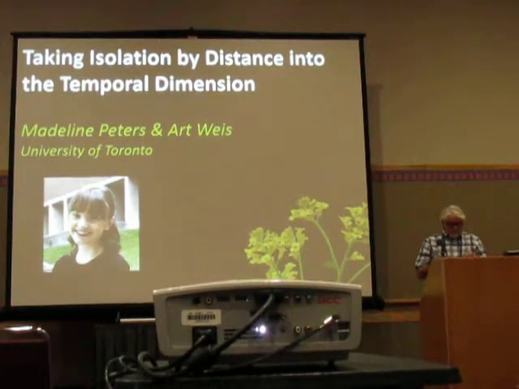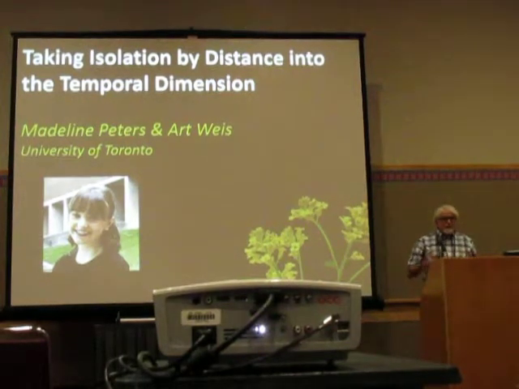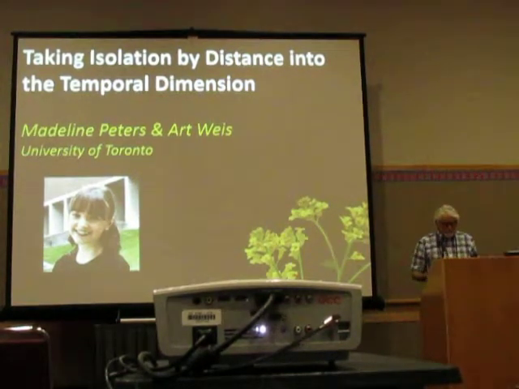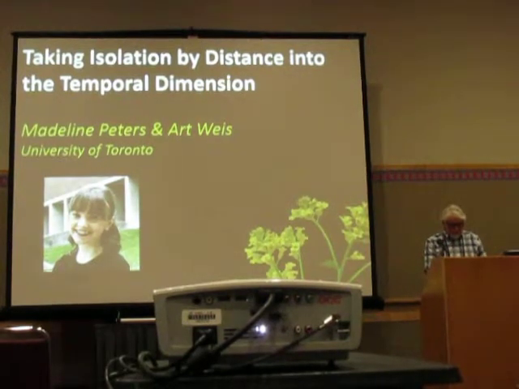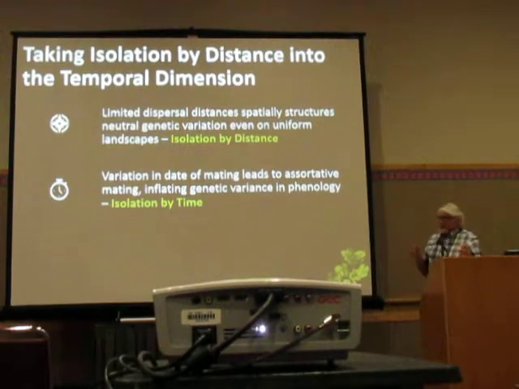And so she picked it up, and what we're talking about is relating two things about non-random mating or departures from panmixia and how that affects population genetic structure. So I'm going to start by going over some ideas from Sewell Wright on how you can get genetic structure building up in populations even if they occupy a uniform landscape.